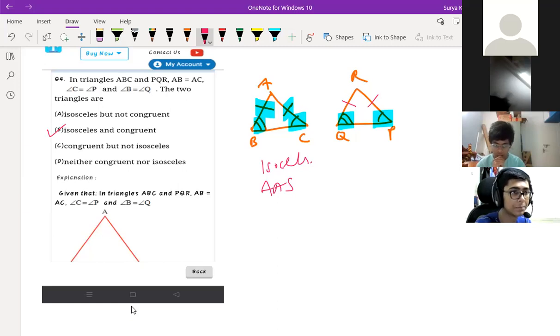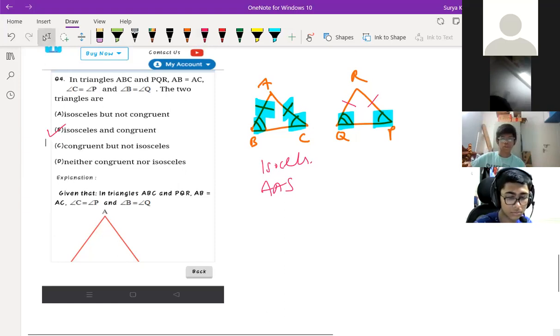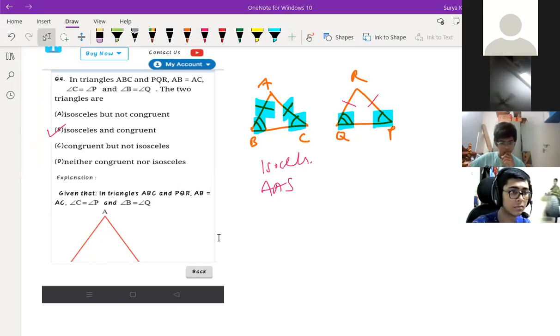Sir, I have sent you another screenshot, sir. That answer is there. Let me check. So they are saying here the triangles cannot be congruent. Triangle PQR is an isosceles triangle, but not even a single side of ABC is equal to the sides of PQR.